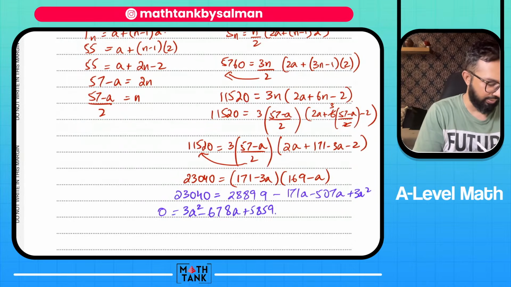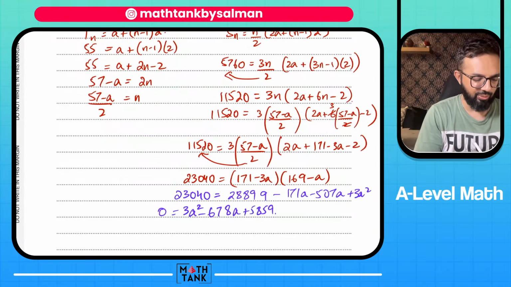What I'm going to do is quickly check on my calculator. 3 minus 678, 5859. 217 and 9.